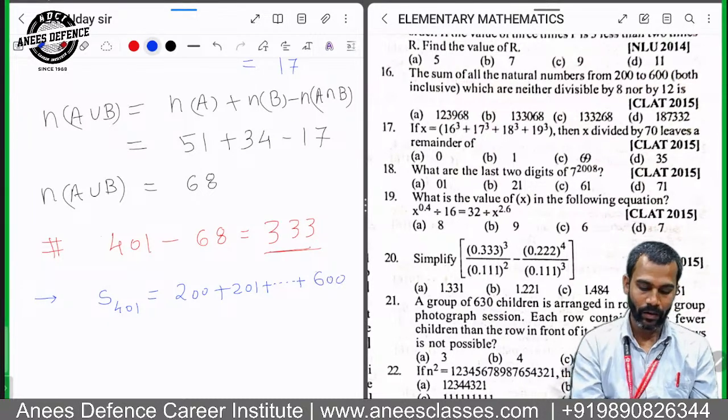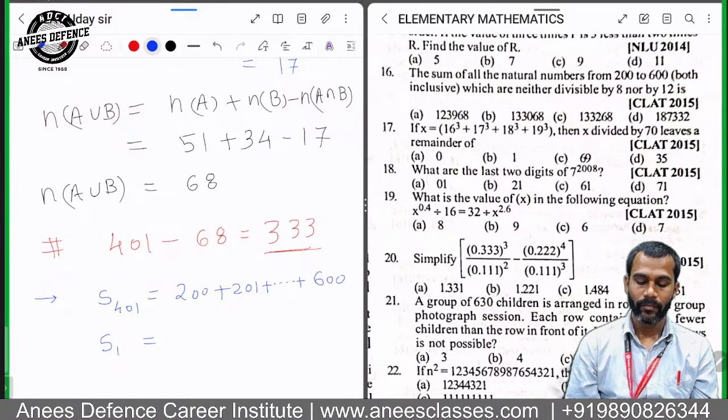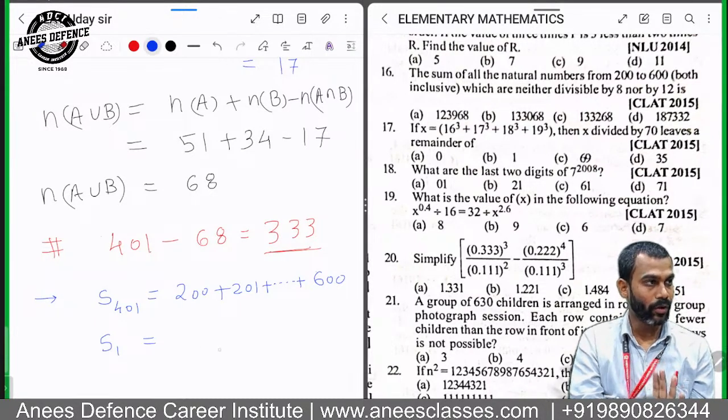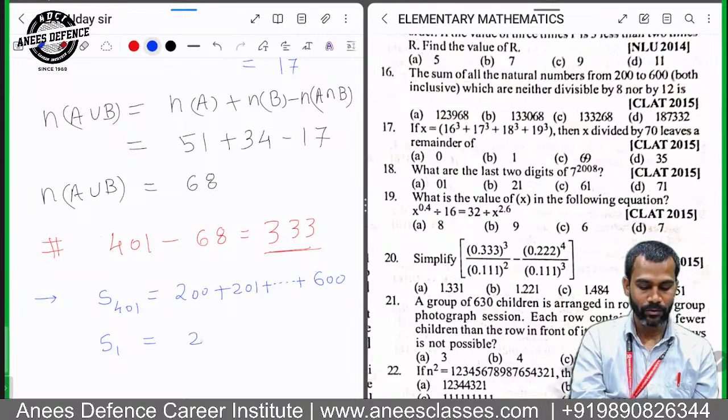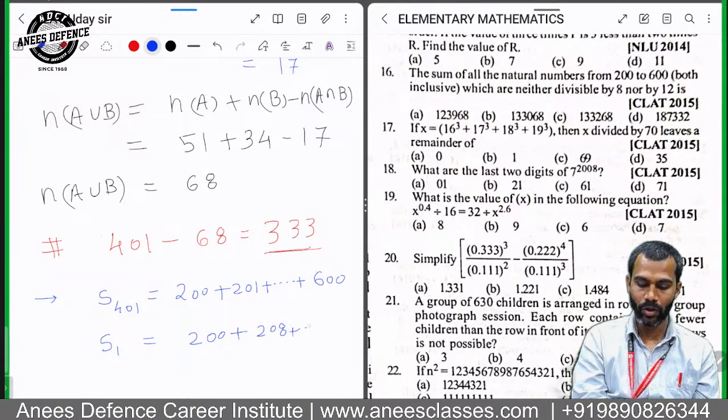Yes or no? Now let me write S1. S1 is the sum of the numbers which are divisible by 8 only. So the first number is 200 plus 208 plus and so on till 600.